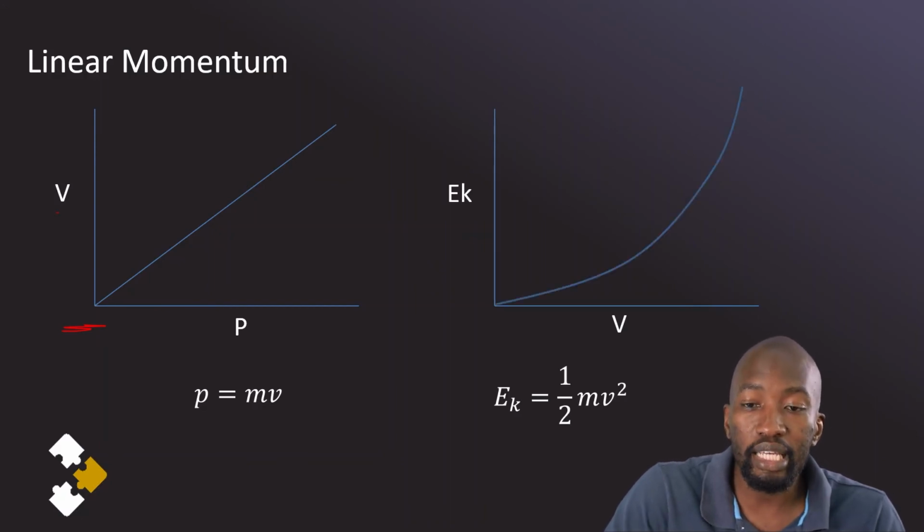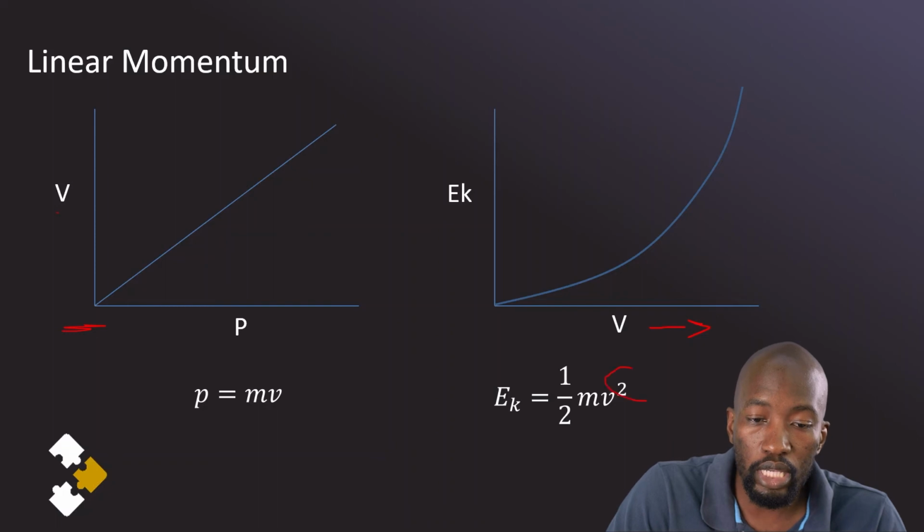Now, with kinetic energy, as we go to the right there, as the velocity increases, because there is a squared there, this is how it affects the kinetic energy. So, as the velocity increases there, the kinetic energy also increases, but it's not a linear graph, it's exponential.